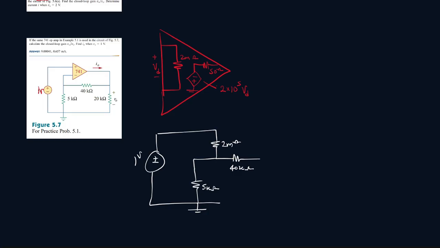What else? So there's VO here. And then we're going to have this portion. This will be 50 ohms. And this will be 2 times 10 to the power of 5 VD.